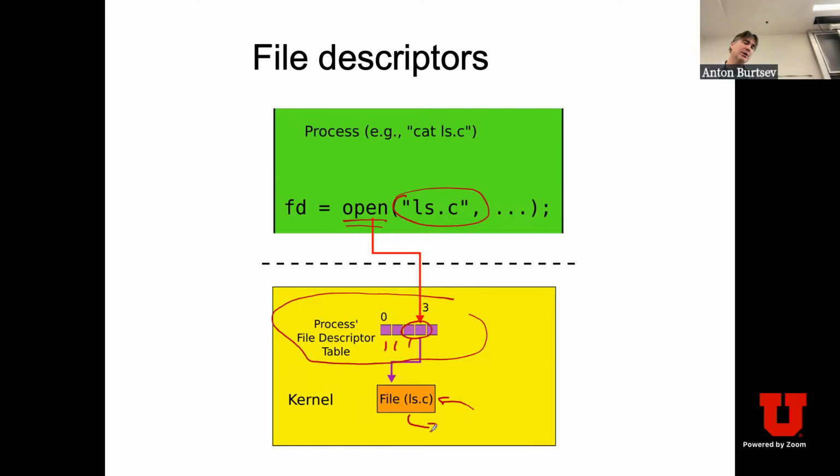It will be used by the file system code to figure out where the file is on disk and stuff like that. It will maintain metadata about the file on disk. But for you, I will give just the number 3, and you can use this number 3 to index back into this array and read from this file, and then you can close this file or delete this file, right?